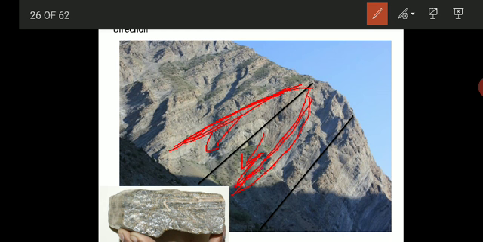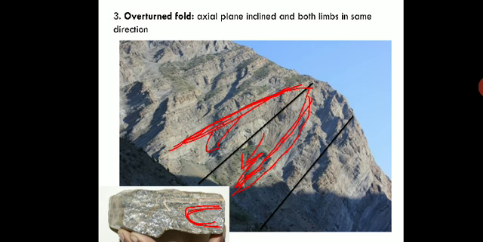So what is an overturned fold? Wherein the axial plane is inclined and both the limbs dip in the same direction at different angles. The angle will be different but they dip in the same direction. That is called the overturned fold.